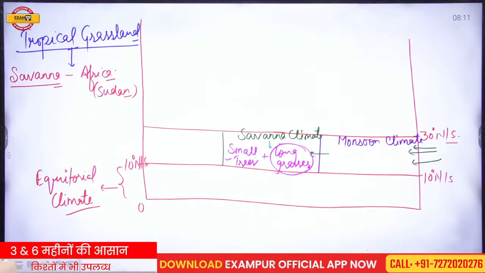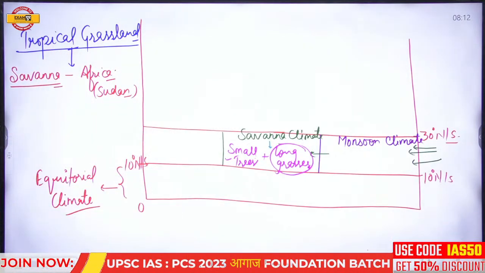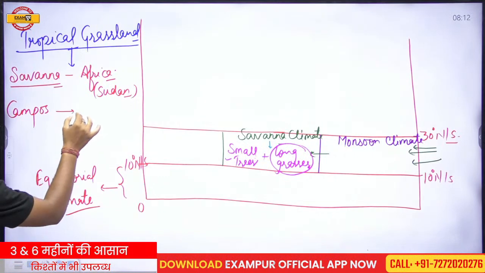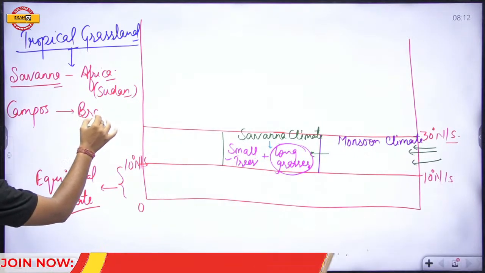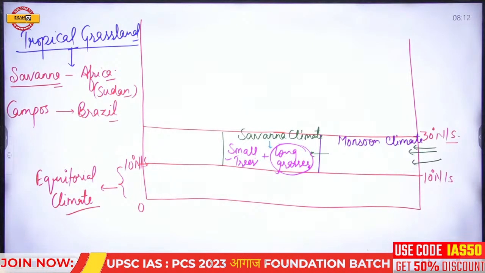If the same type of grasses is found in Brazil, then it is called the Campos. Campos is also an example of tropical grassland found in Brazil.